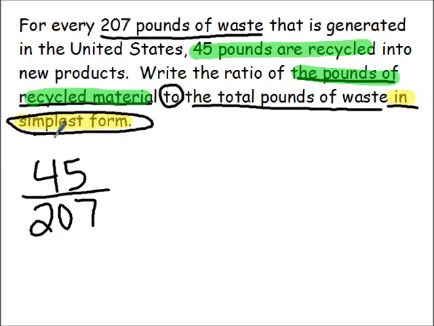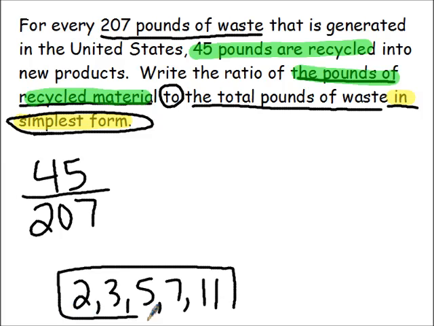When simplifying, 2, 3, 5, 7, and 11 can help us. I see that 45 is not an even number, and neither is 207, so they will not be divisible by 2. How do we know if a number is divisible by 3?